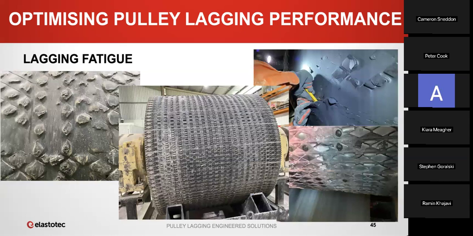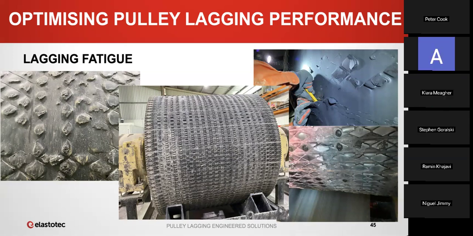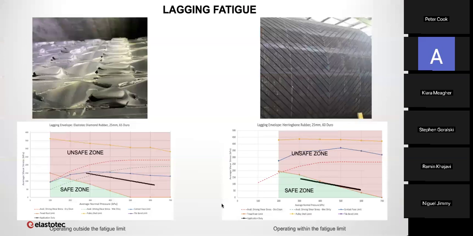Basically, this is where the shear forces being applied to the lagging in a cyclic fashion as the pulley rotates exceed the fatigue life of the rubber. The best way to prevent this, or find a solution if it occurs, is to do the lagging analysis.